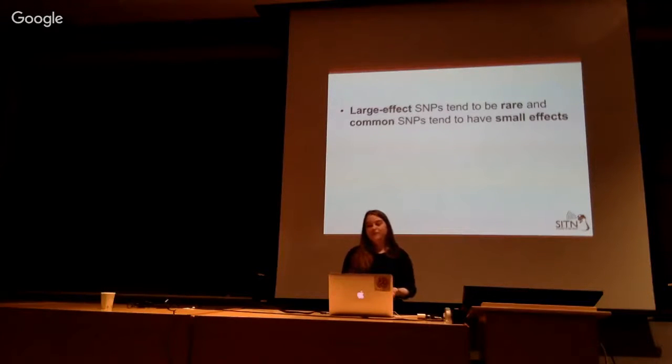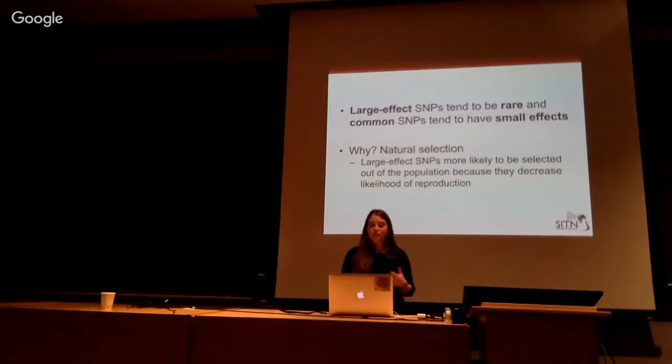So why is that? The reason is natural selection. Some of you may be more familiar with the concept of natural selection than others, but essentially the idea here is that if you have a SNP that has a strong negative effect on your health, you are going to be very unlikely, or less likely at least than someone who doesn't have that SNP, to reproduce and pass that SNP on to the next generation.